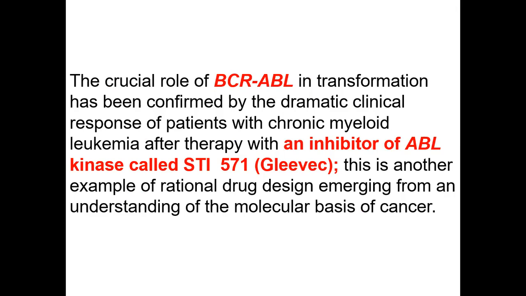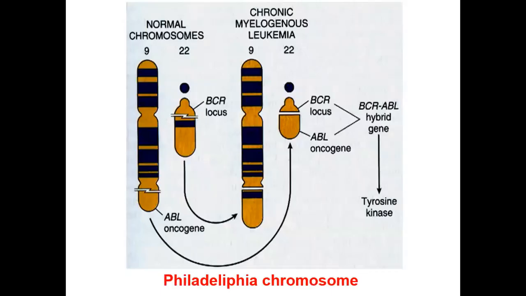They saw that when an inhibitor of ABL kinase, which is always activated in chronic myeloid leukemia because of the mutant BCR-ABL gene, is given, there is a dramatic response. So this treatment is designed on the molecular basis of cancer.